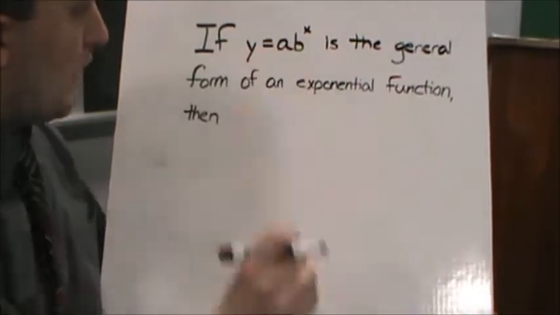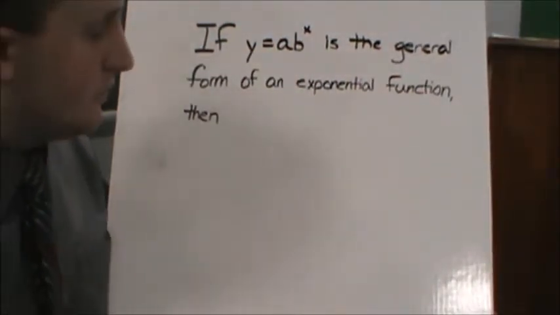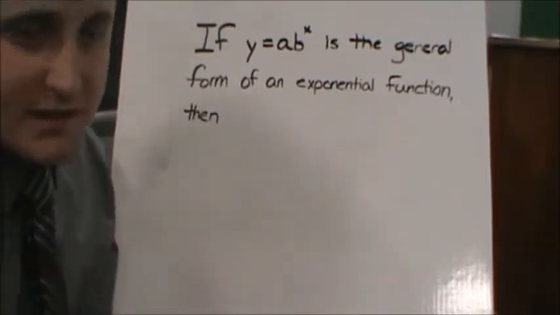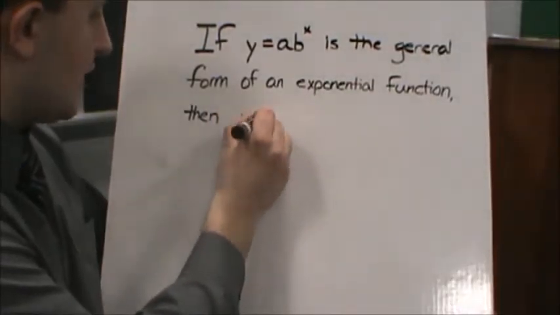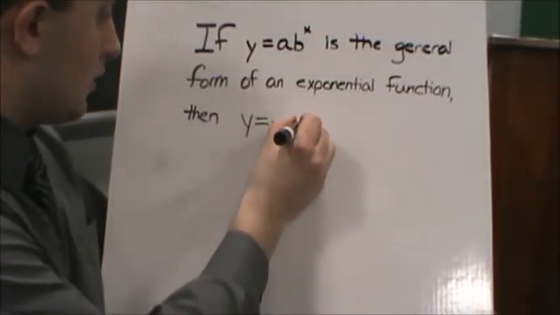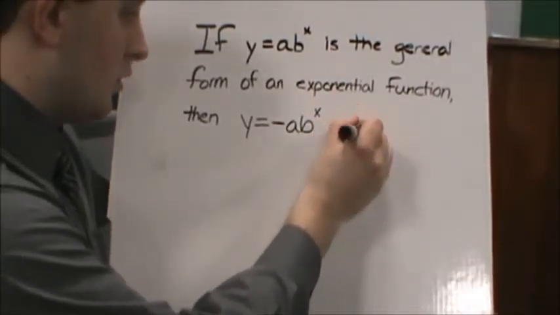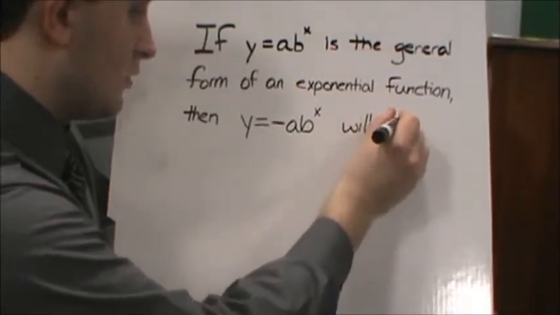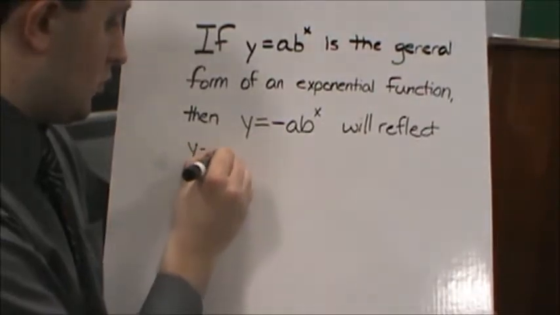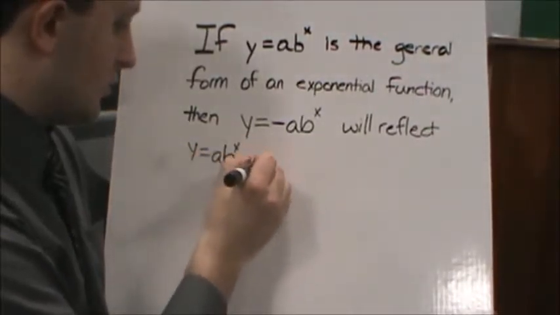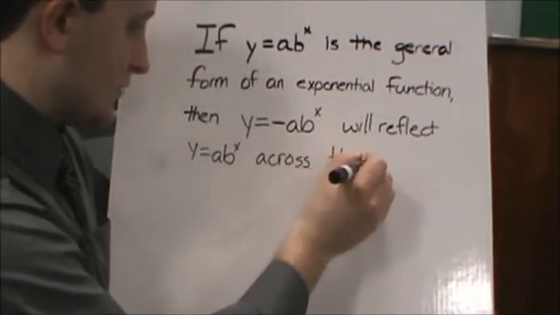So if we have y equals ab to the x as the general form of an exponential function, then like we saw in the example before, we know y equals negative ab raised to the x will reflect y equals ab raised to the x across the x-axis.